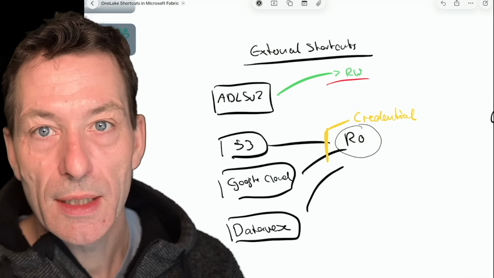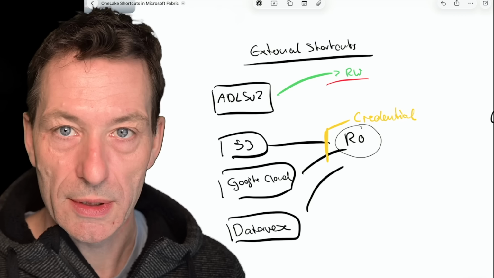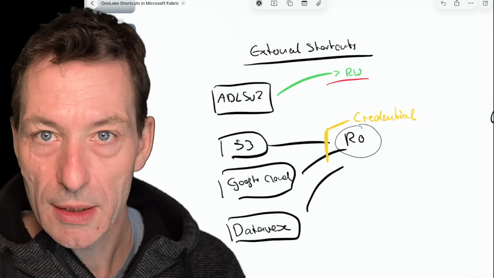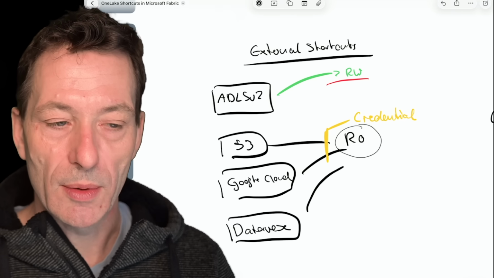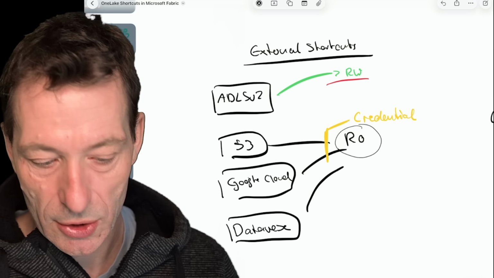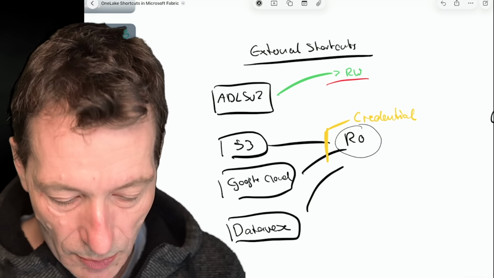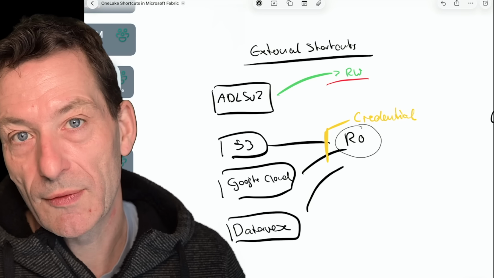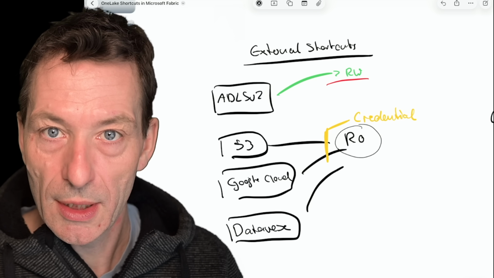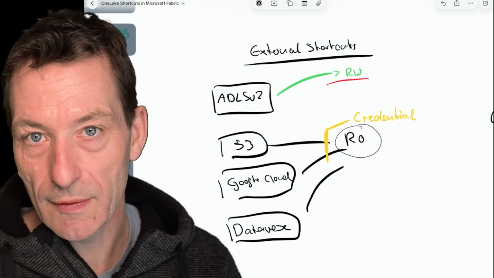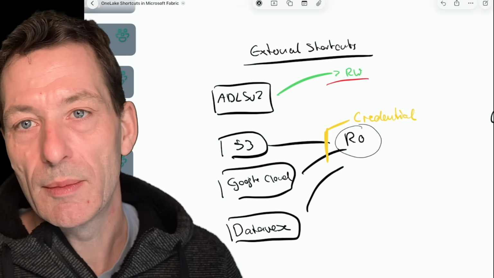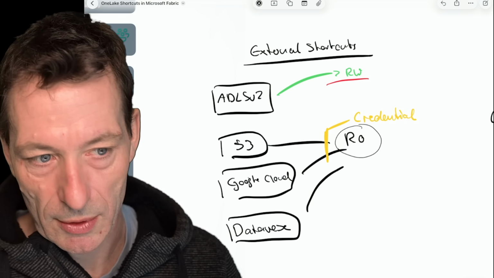The answer is that the protocol is internal. It's an Azure internal protocol, so they can ensure proper read-write coordination. For all external systems, the problem is that you could have something like concurrent write and so on, and Fabric cannot coordinate that, and for that reason, the stuff needs to be read-only.